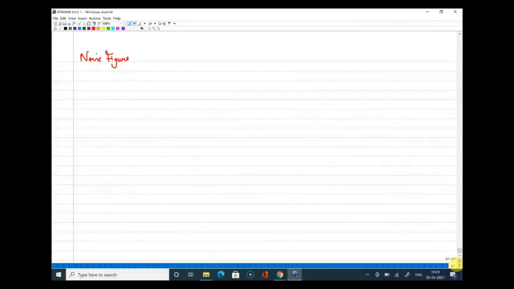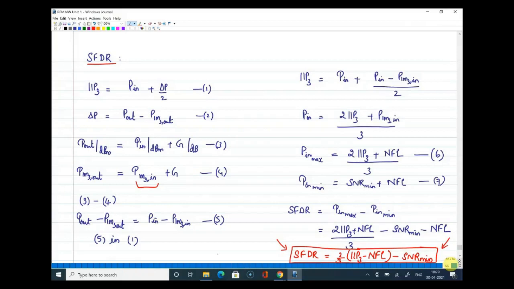Lalit, that's fine. Yeah, the question, 1 second. So Parth, I think you understood what I was explaining? What Naveshri asked, for others who did not understand what the doubt is: after writing this expression, P in is equal to 2IAP3 plus P IM3 in by 3. Then I said, okay, that is P in.